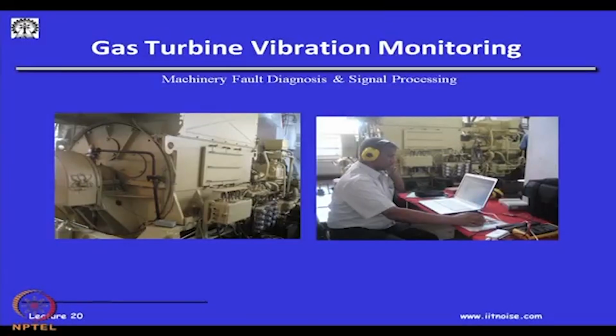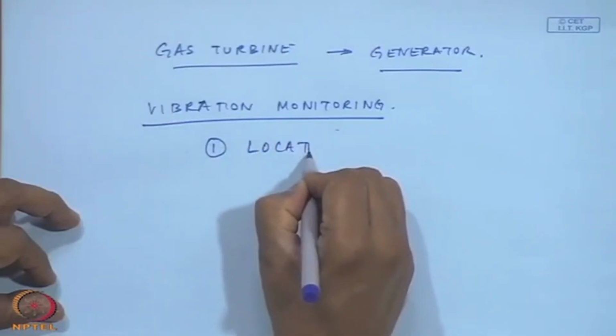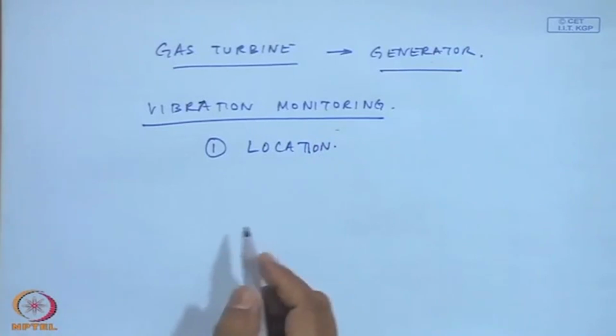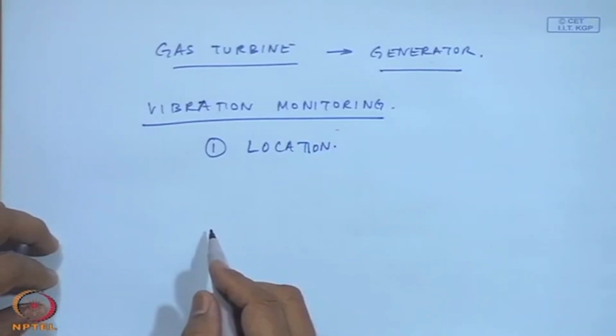So, in summary, while we are doing vibration monitoring, a couple of things we have to keep in mind. One is the location. Locations always may not be accessible.